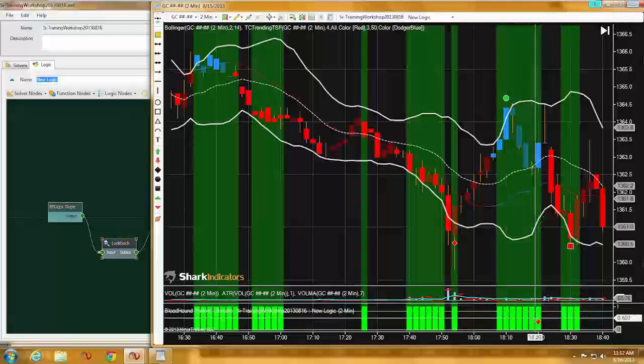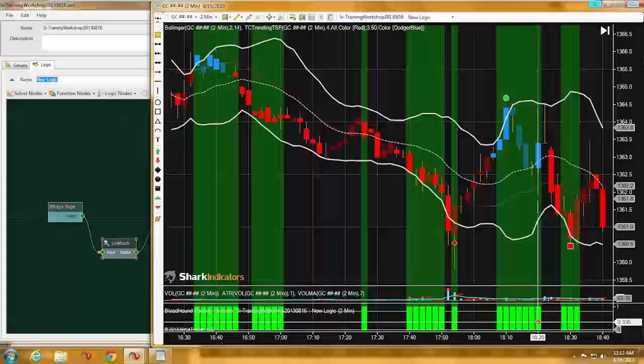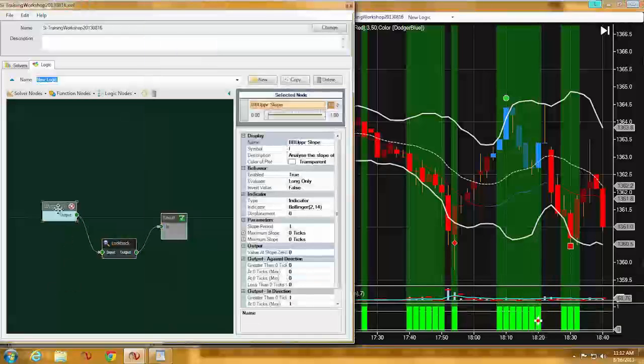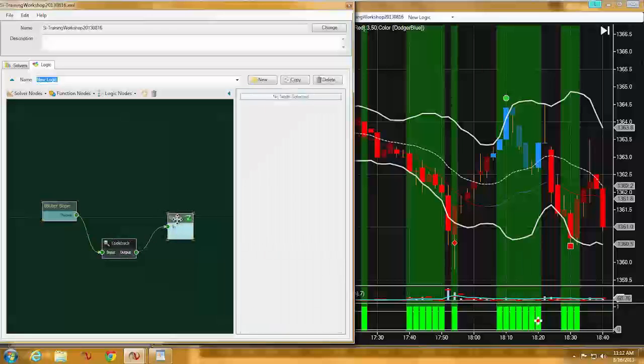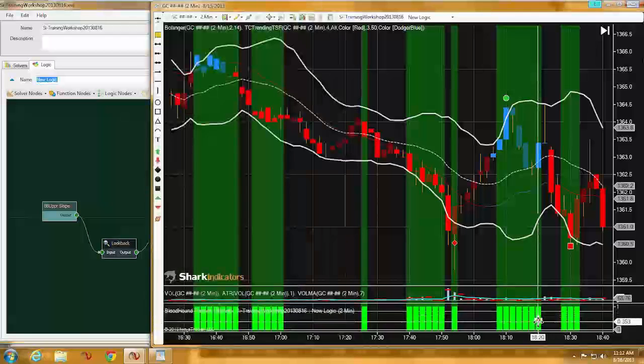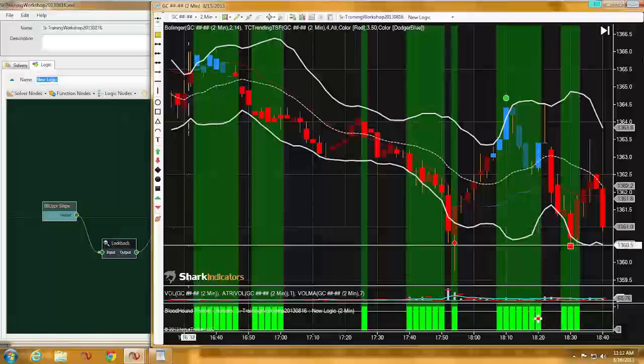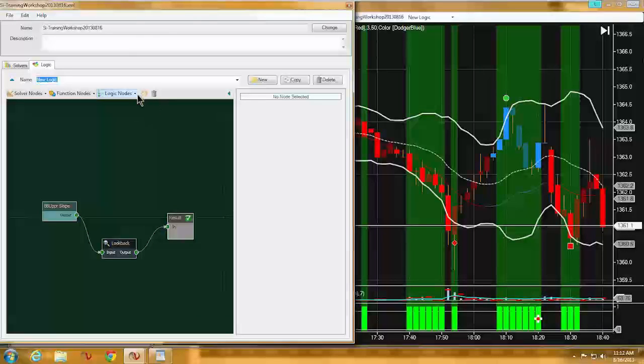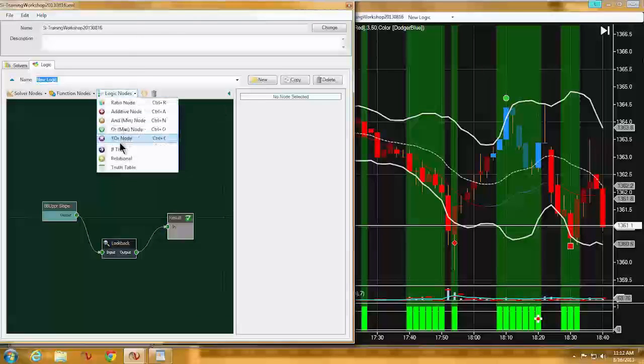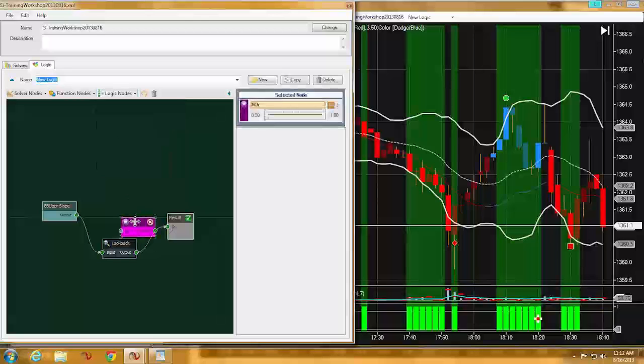At least we have a signal on the bar afterwards that we can now manipulate. So now the next step is, we only want a signal on this 1 bar here that's marked by the red diamond. So I think this is going to be a case for using the XOR logic.